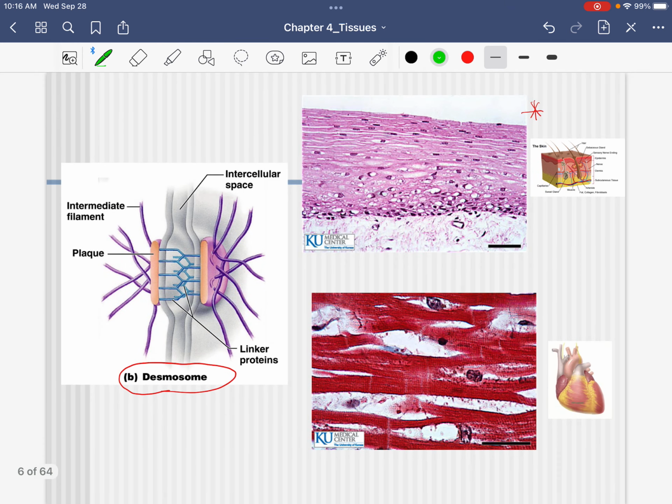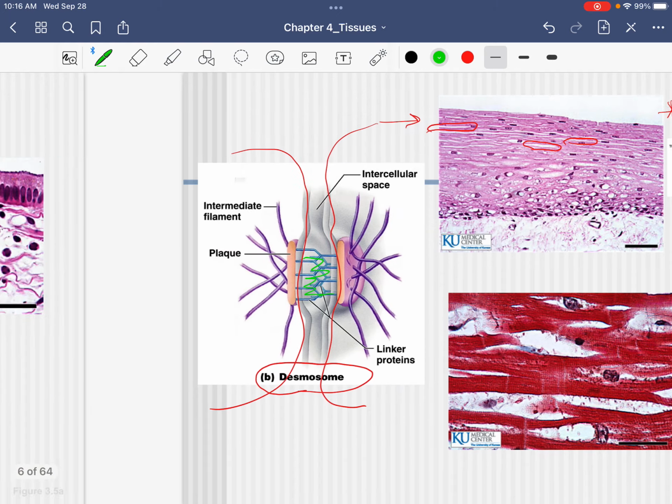If you go back to this picture, if you look at the top here, hopefully you can see the many layers of flat-shaped cells horizontally, but there's little white spaces. That's because the cells are not necessarily touching, and in between those spaces are proteins. So again, in the picture here on the left, this is the boundary of one cell, this is the boundary of another cell, and these blue doodads in the middle are the proteins.